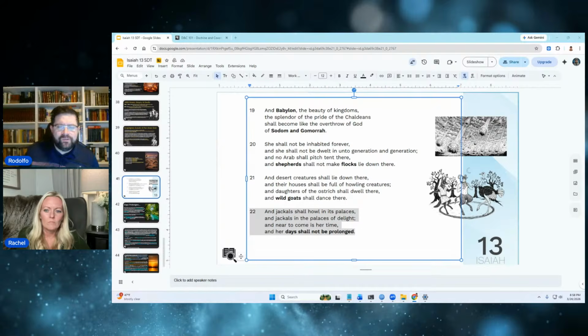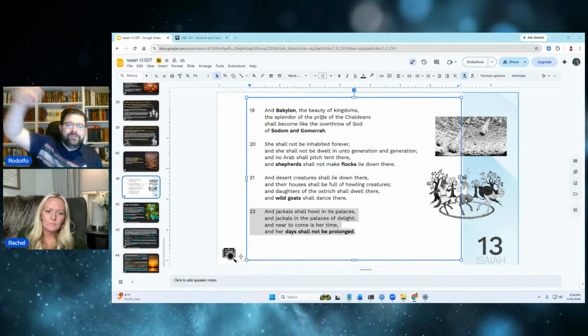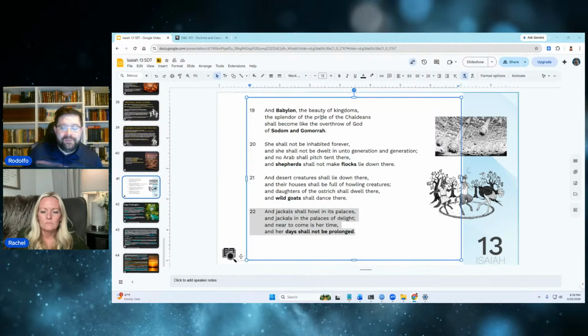And when you read that phrase here, the beauty of the kingdoms, the splendor, the glory, when Satan takes the Lord to a high mountain and he offers all the glory of the kingdoms in Matthew chapter 4, he's offering everything that Babylon offered. And he rejects that. He's the archetype of not partaking of Babylon.